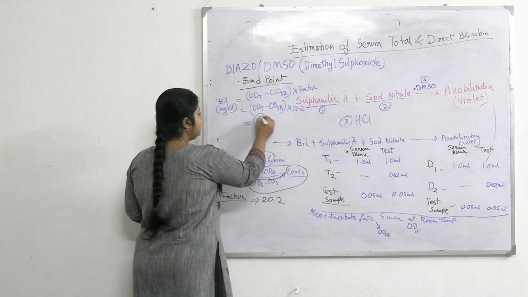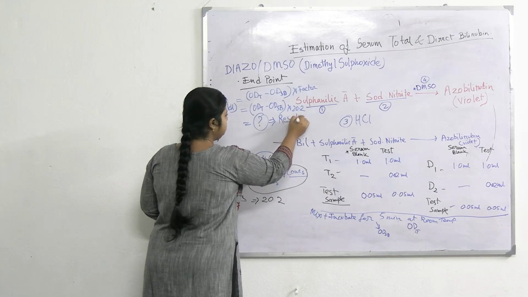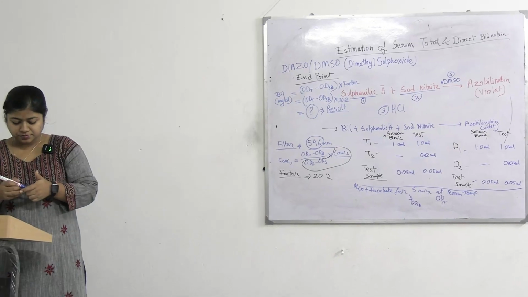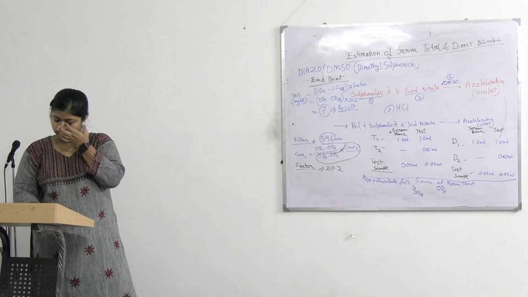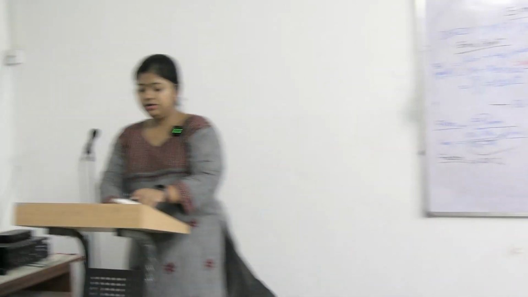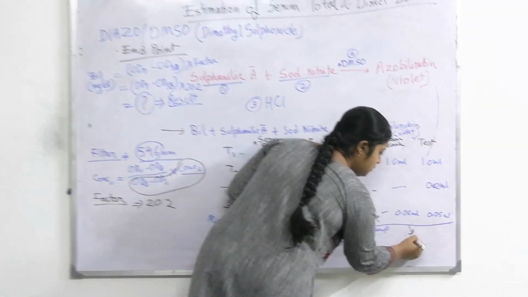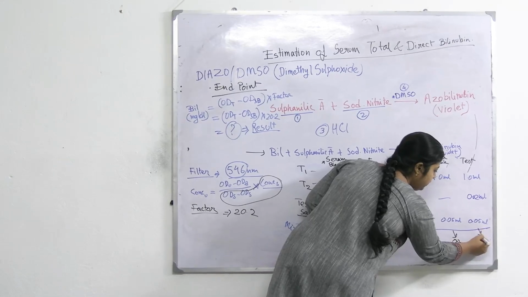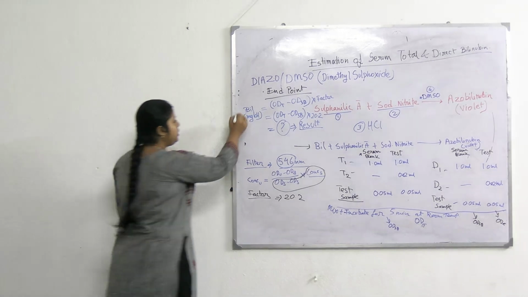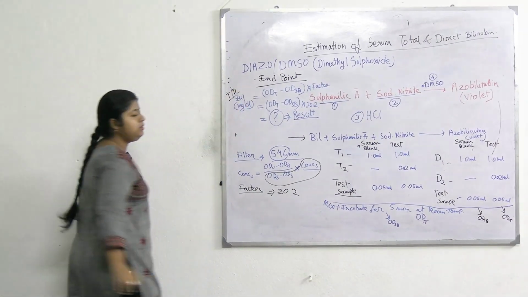Whatever the concentration is, that is the result. And for both bilirubins, for total bilirubin we will get one OD serum blank and one OD test. For direct bilirubin also we will get one OD serum blank and one OD test. Clear? So the calculation can be done for both, whether it is total bilirubin or direct bilirubin.